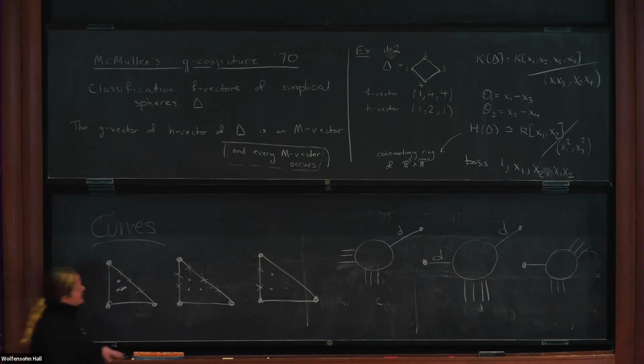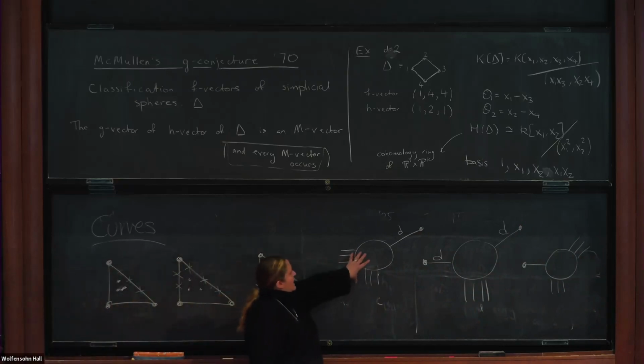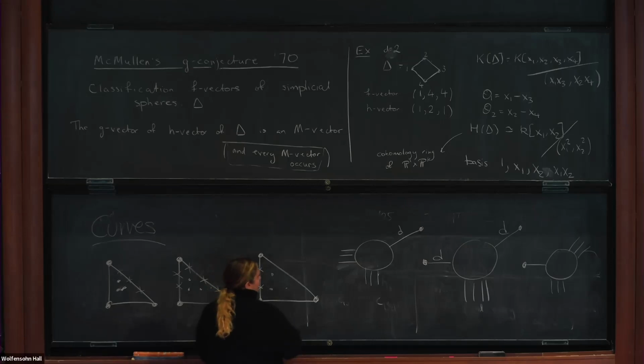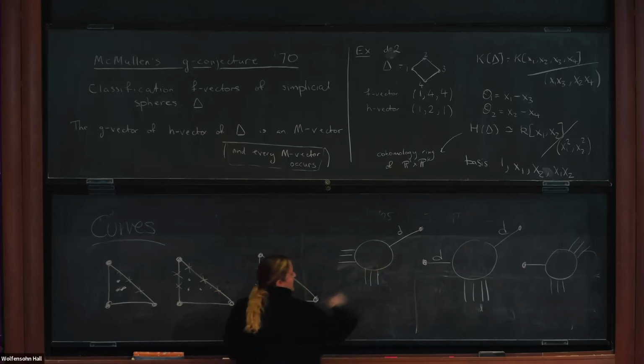I'm going to pick the first one, and I'm going to choose that this point is going to be the origin. I'm going to embed it. These all three are in dimension 2, and I'm going to embed it in x3 equal to 0. Here is the point where I cut.